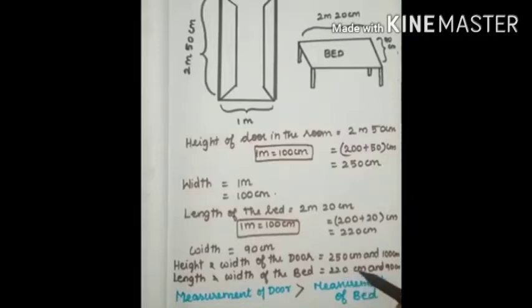Which is larger? Yes, 250 centimeter is larger. Again, let's see the width of the door. Width of the door is 100 centimeter and the width of the bed is 90 centimeter. Which is larger? Yes, the width of the door is larger. So, we can take this bed into the room.